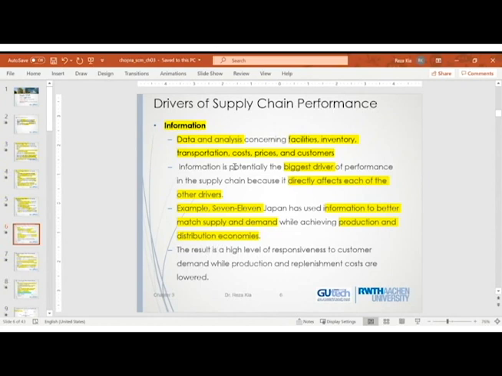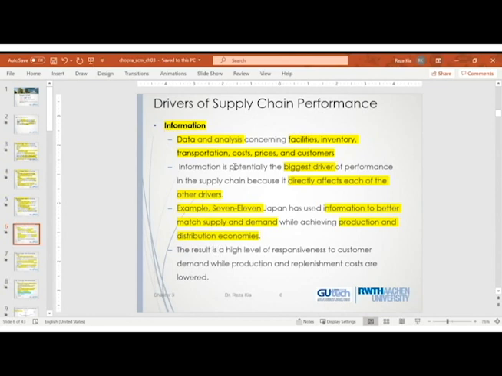One example of a successful supply chain is 7-Eleven in Japan, and they have a very advanced information system. By having this advanced ERP information system, they can define a good match between the amount of supply and the amount of demand from the customer.